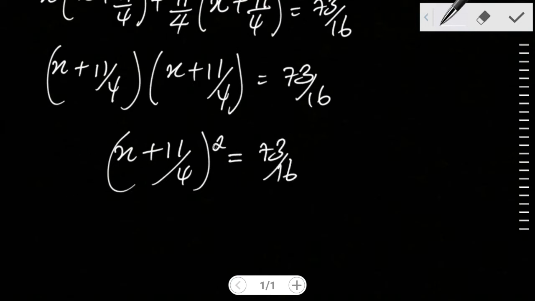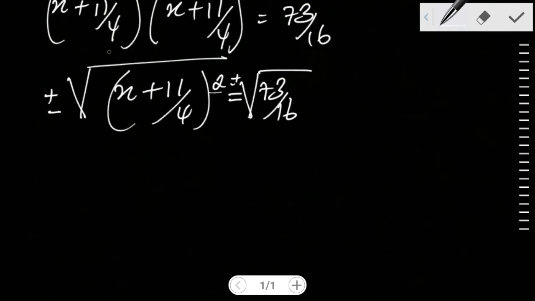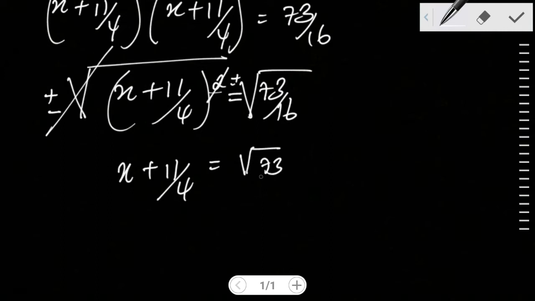Therefore, to eliminate the square, we are going to square root this side, positive or minus, and on this side, square root this, positive or minus. And therefore, the square root will cancel with the square, so x plus 11 all over 4 equals root of 73 all over 4, positive or minus.